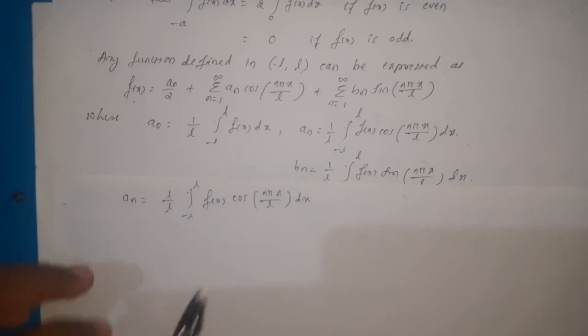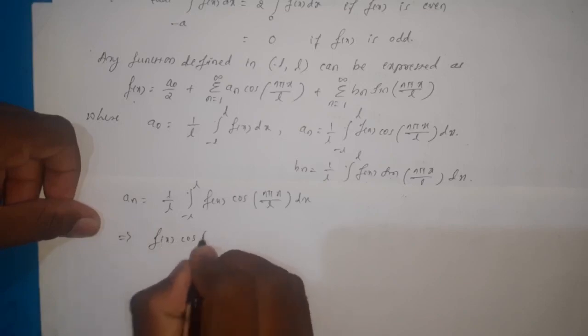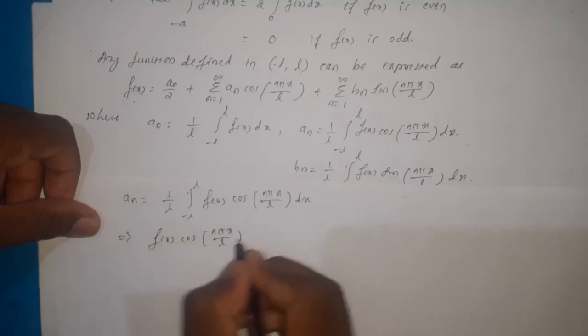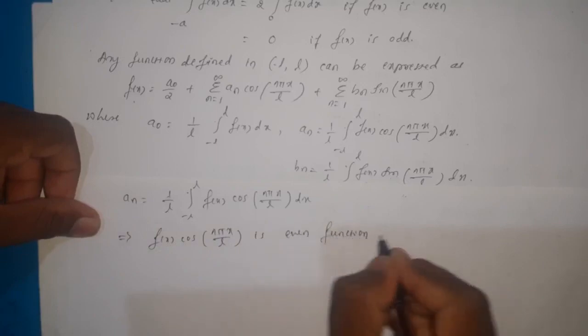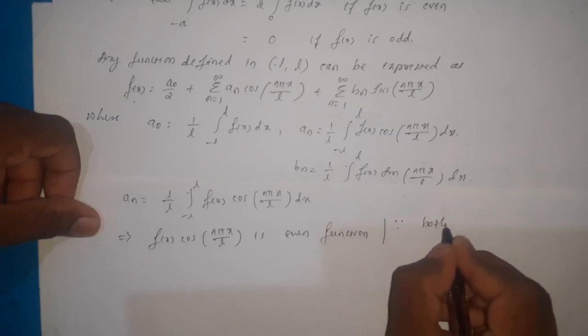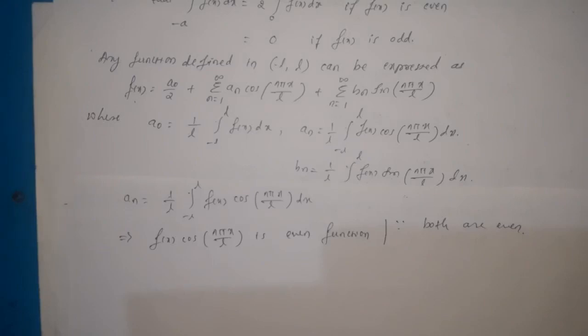So if two functions are even functions, then after multiplying, the product of those two functions is again an even function. So it implies that here f of x into cos n pi x divided by L is even function, because both are even. So the product of two even functions is again even. So hence f of x cos n pi x by L is even.